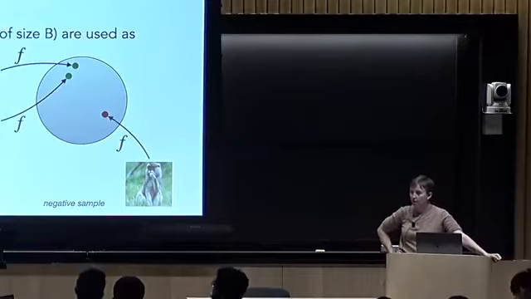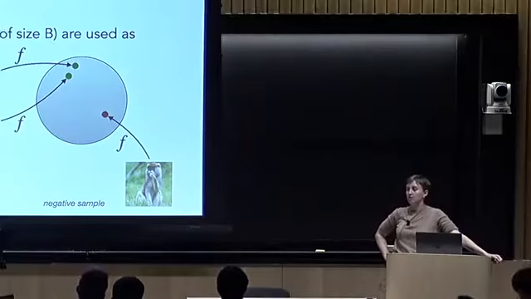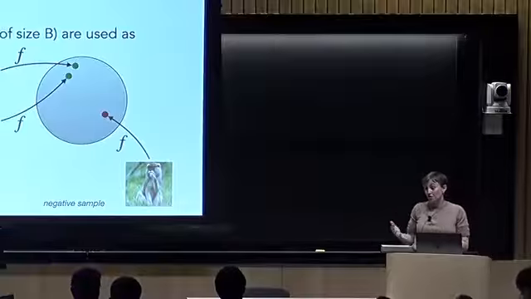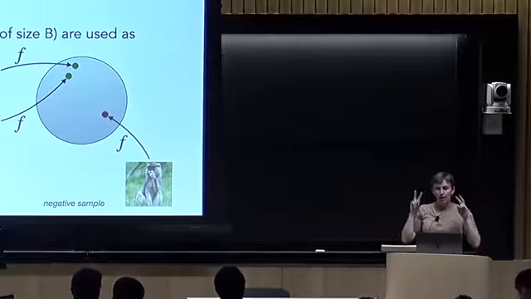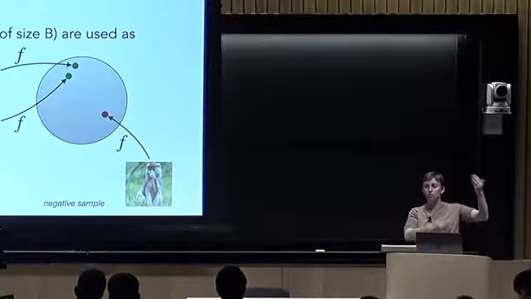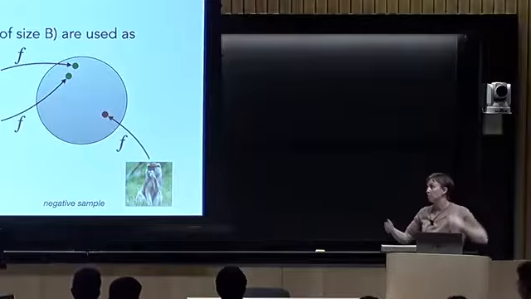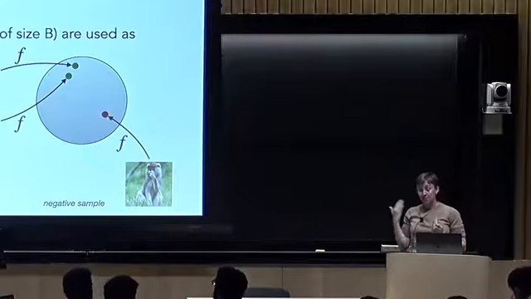Yeah? What if you just happen to have multiple pictures of the same thing in the data set? Yeah, so what if you have multiple pictures of the same thing in the data set? It turns out, and we'll get into this, that that actually is a challenge. There may be something in terms of similarity that we would still want to capture if you have two dogs that are exactly the same under perturbation versus another dog, or another lab, or even another picture of that exact same dog.